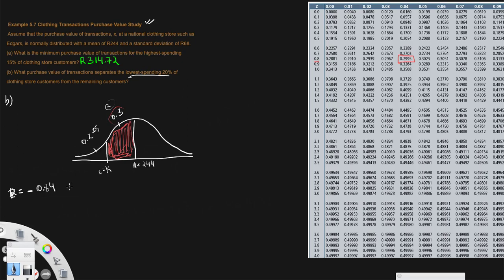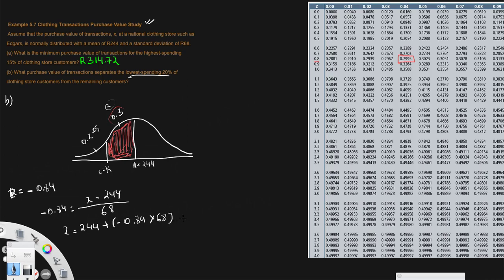And you know your other values. Therefore, I'll write this way. You know the formula already. Minus 0.84 then is equal to x minus 244 divided by 68, which will give x equal to 244 plus minus 0.84 times 68.